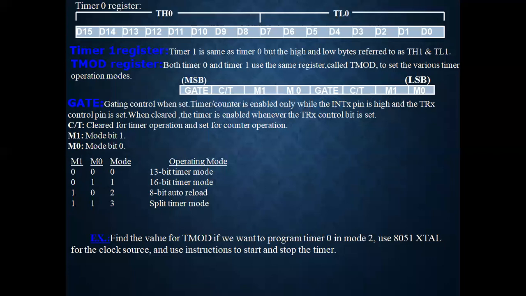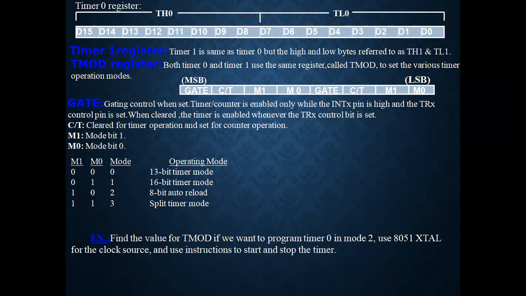There is a register that tells the microcontroller whether the timer is to be used as a counter or a timer. This operation is done by the TMOD register, which was in the internal RAM organization part. These are special function registers.